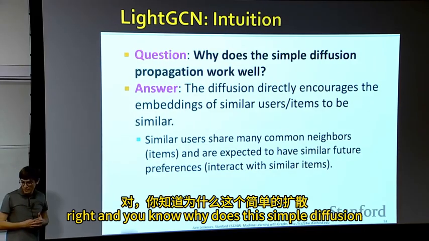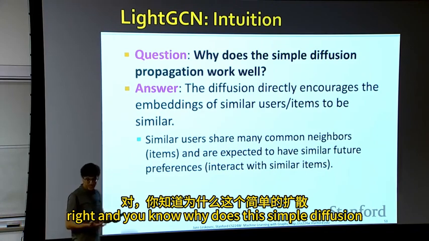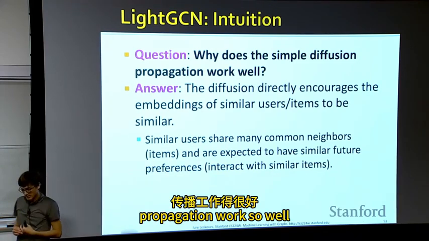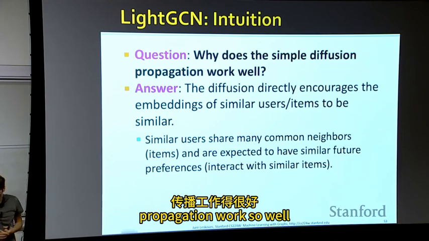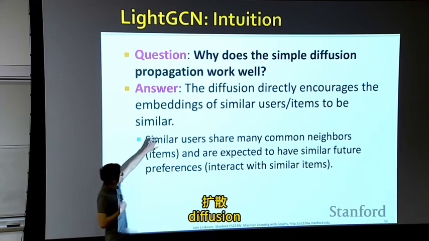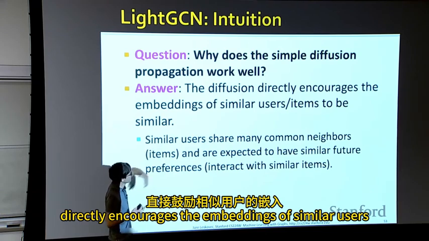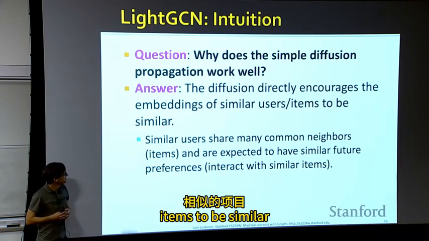And why does this simple diffusion propagation work so well? The answer is that diffusion directly encourages the embeddings of similar users' items to be similar, right?